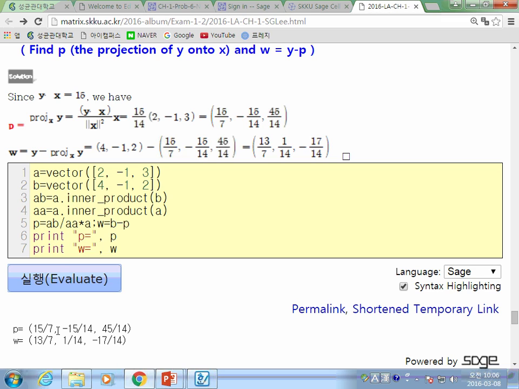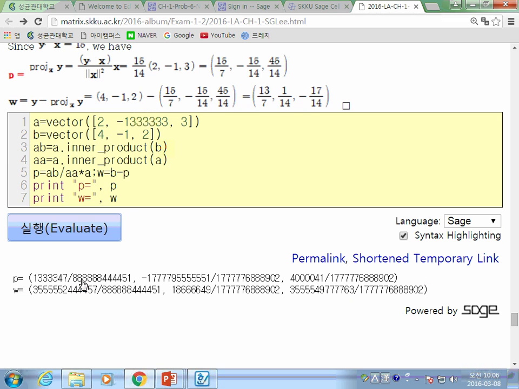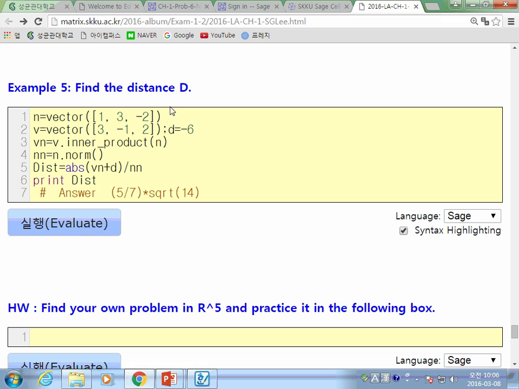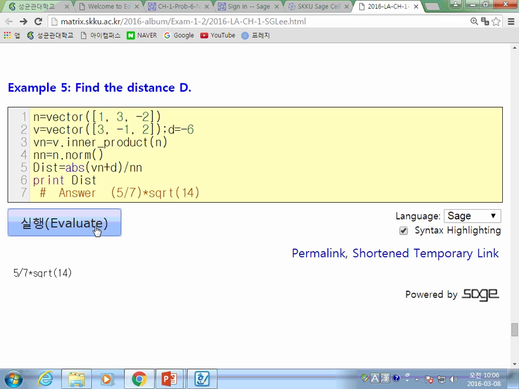And w, which is y minus p, can be found in this way. This can be done for any vectors that you have, for any size as well, not only R3 vectors. You can find the distance of that projection like this. That's the shortest distance that you found by hand calculation.